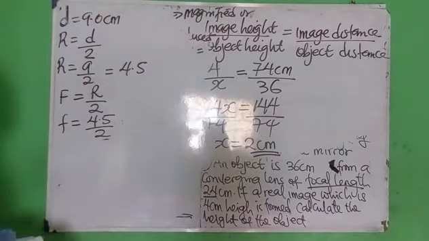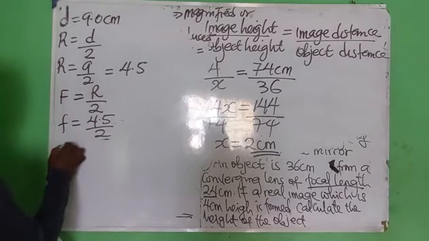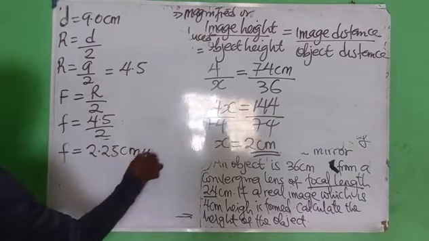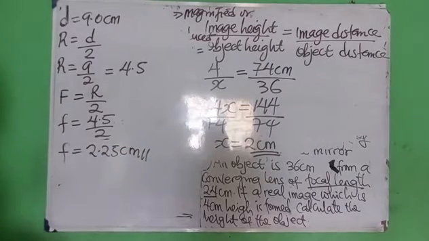Let me check the question again. 4.5 divided by 2, you have f to be 2.25 centimeters. Then where am I getting it wrong?